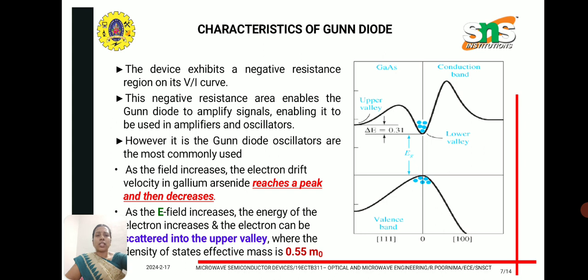The energy of the electron increases, and the electron can be scattered into the upper valley. The effective mass of the electron is high in the upper valley, so the mobility decreases as well as the conductivity, and the current decreases, as we saw in the previous graph. This is the reason we get a negative resistance graph.